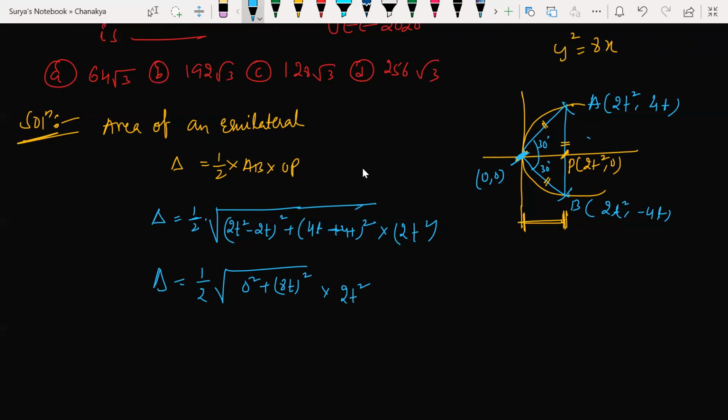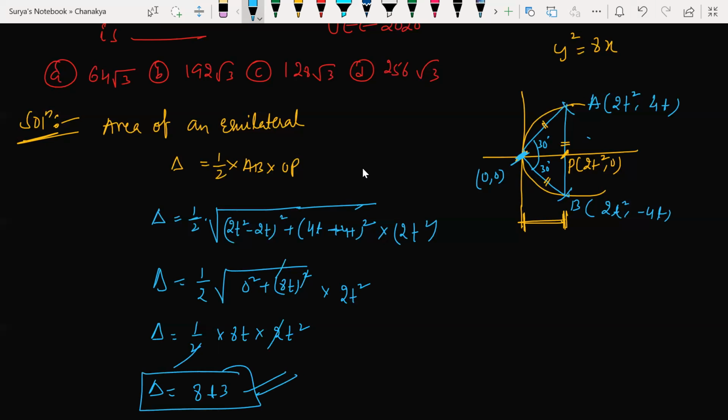Look at this here. Now what is it going to be? Half into, the square root will get cancelled. So what would I be left with now? I am left with 8t into 2t square. The 2 will get cancelled. What is the area of the triangle? 8t cube. I got 8t cube.